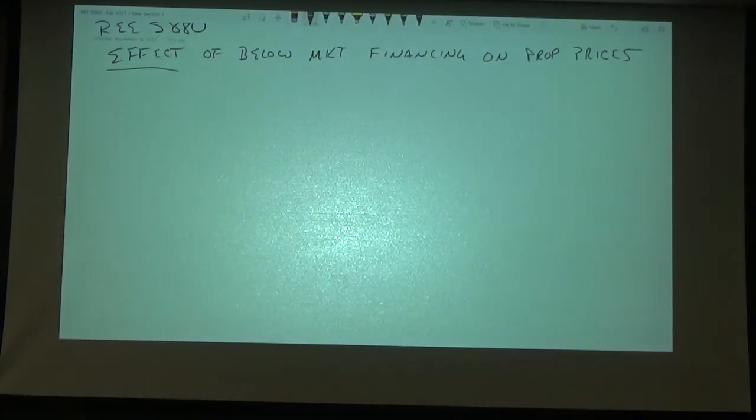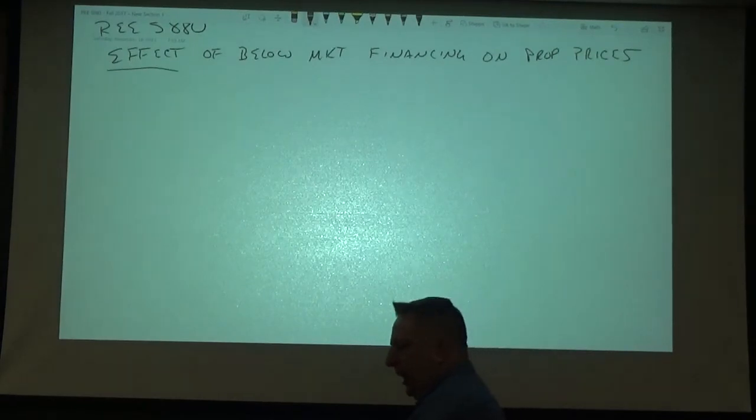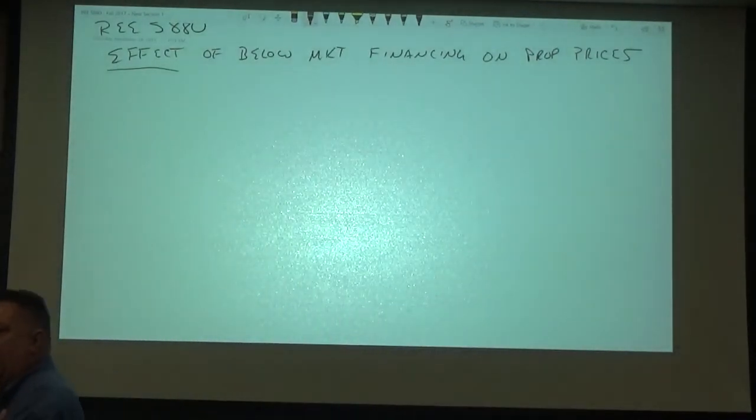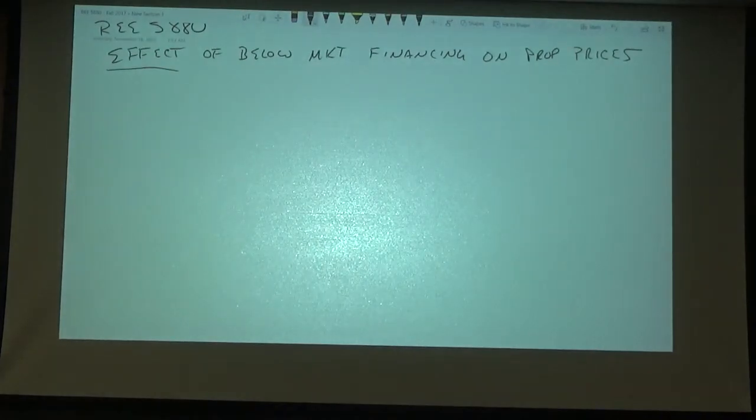Assume that I own a property that I'm trying to sell, and because I'm wanting to sell it, and I own it free and clear, I may be willing to provide seller financing to you as the purchaser.